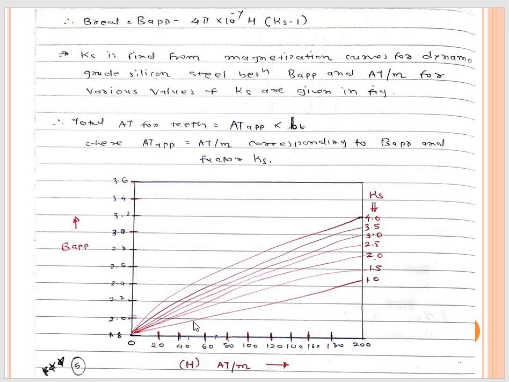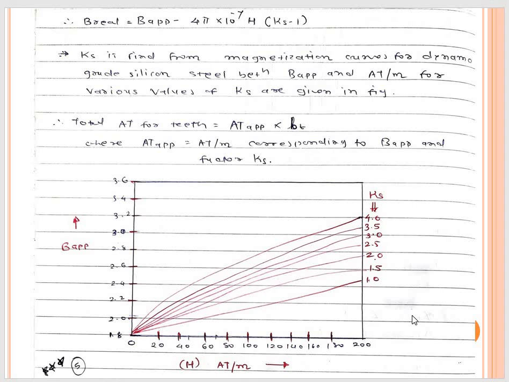till 3.6. These are the various graphs, first, second, third, fourth, fifth, sixth, seventh, for the various values of Ks. This is for Ks equal to 1, Ks equal to 1.5, 2.0, 2.5, 3.0, 3.5, 4.0.